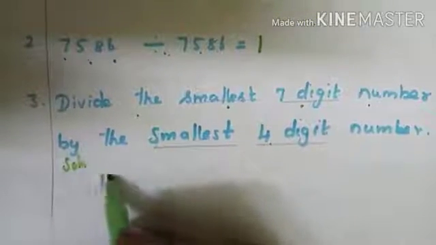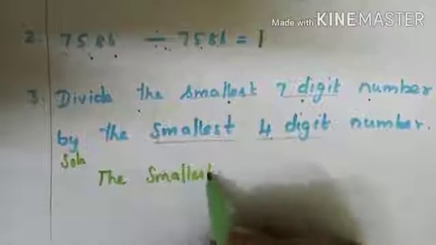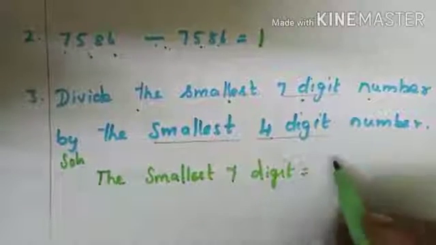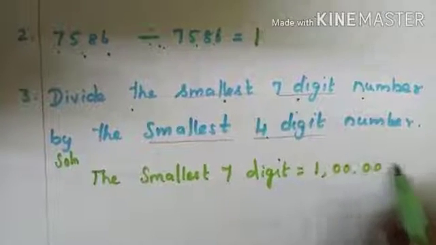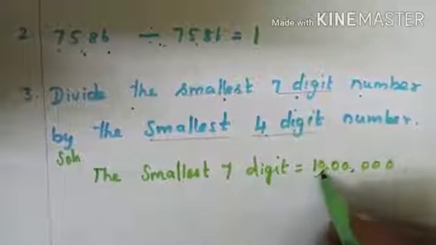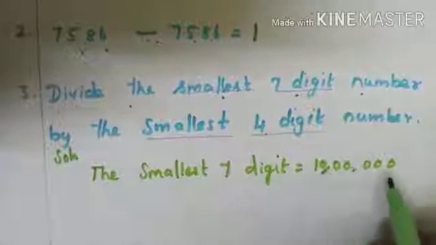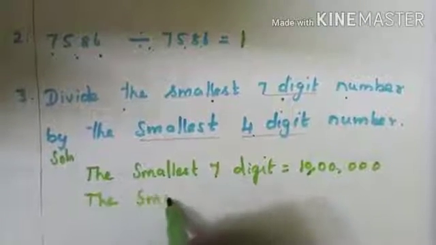Solution, the smallest 7-digit number equal to 1 followed by how many zeros? 6 zeros, isn't it? So the number is what? 10 lakh.